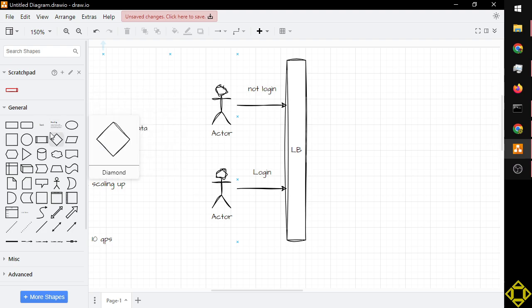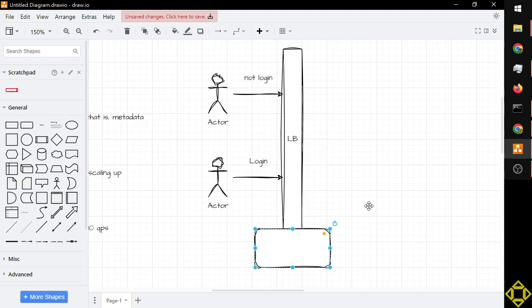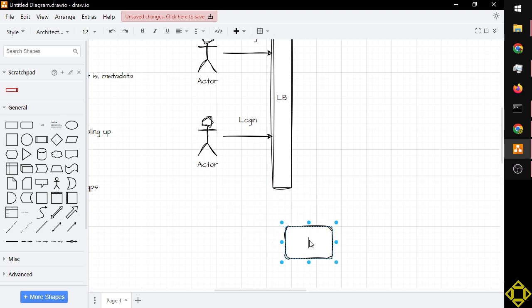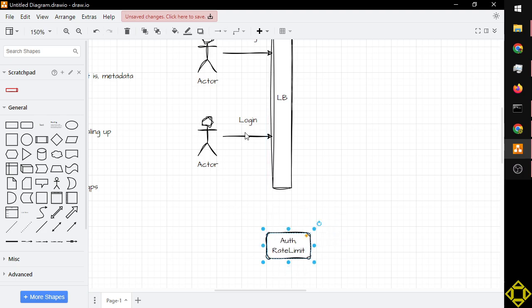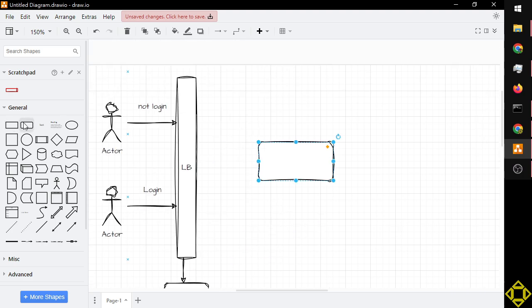If they are logged in, they will also have a rate limit, of course. Okay, they will have some backend machines here.